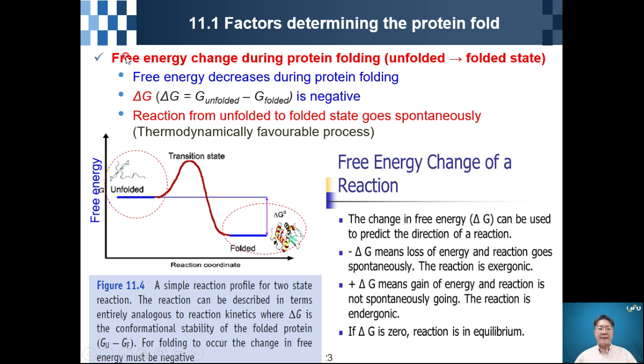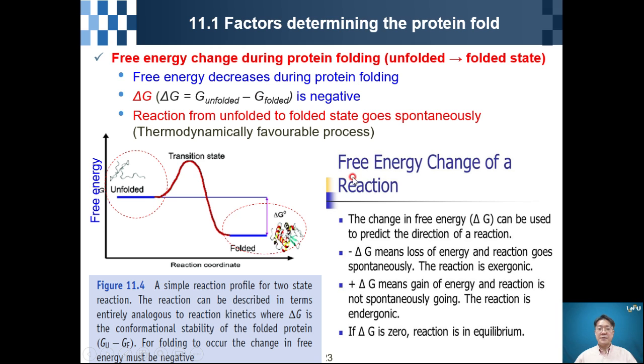So free energy decreases during protein folding from unfolded to folded. Delta G is the free energy change: the free energy of the unfolded protein minus the free energy of the folded protein. So delta G is negative.